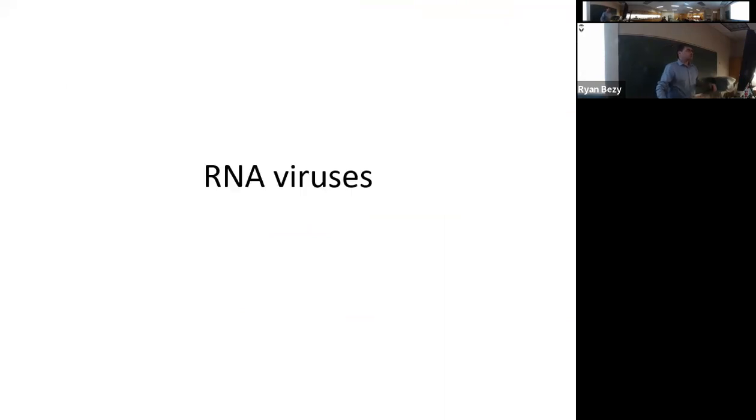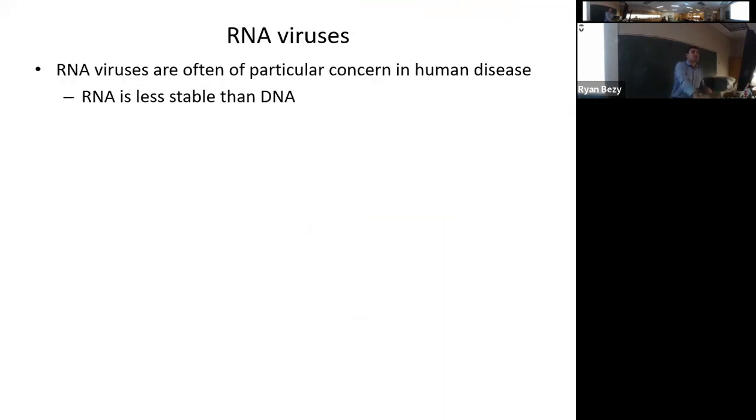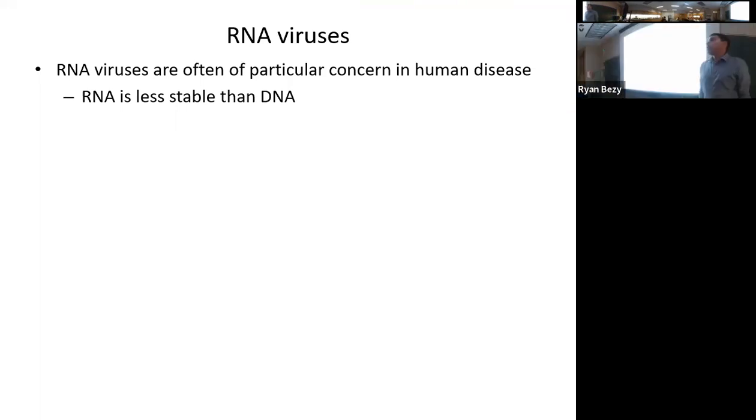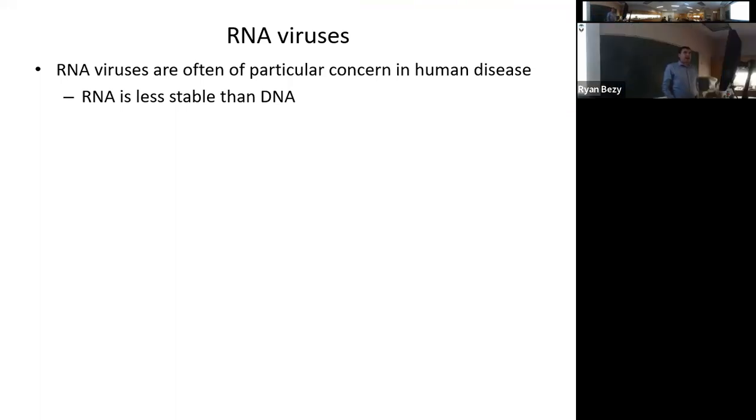All right, the last grouping of viruses I want to talk about is RNA viruses. RNA viruses are of particular concern when it comes to human disease. Why are they called RNA viruses? They have an RNA-based genome. The thing about RNA is it's less stable than DNA.